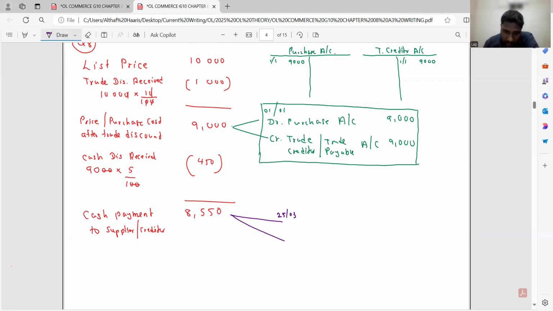Cash is going out, credit, cash account. And here, my liabilities are reducing. Liability reduces, debit trade creditor or trade payable, which is 8,550.